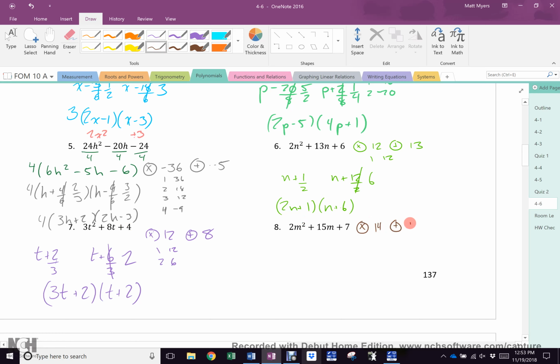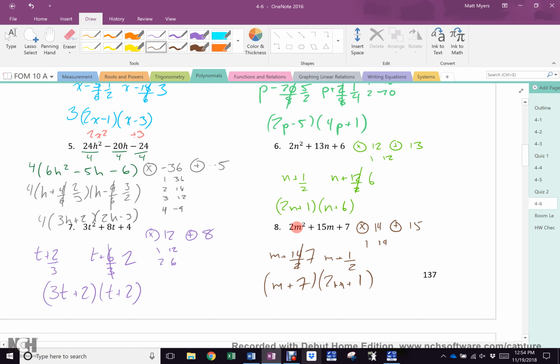Add to what? Is it 1 and 14? Yes. M plus 14, but it's not 14. And m plus 1, but it's not 1. What do I do with 14 over 2? 7. Does that simplify? No. So where does the 2 go? To the front.